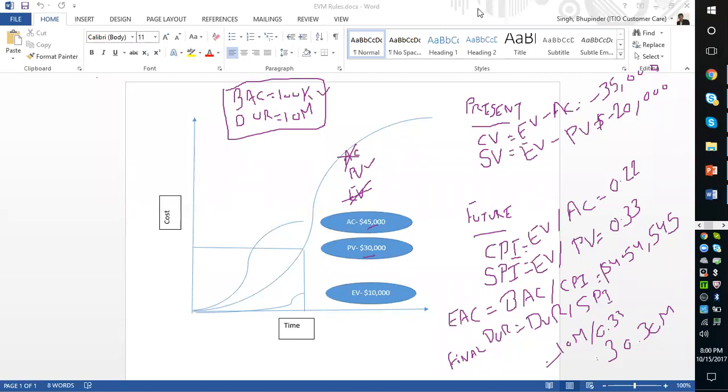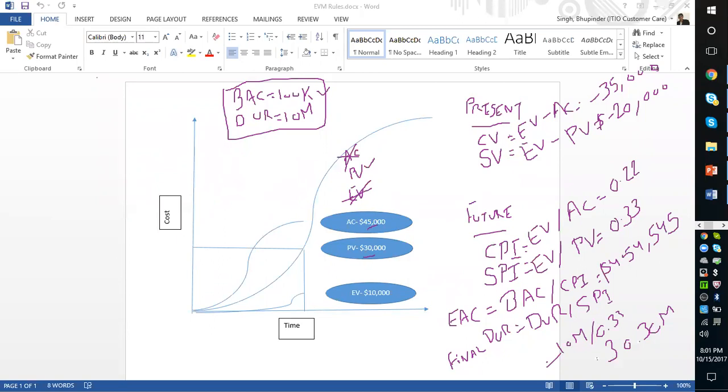We have calculated the first formulas, then we need to calculate the EAC, which was estimate at completion. Estimate at completion is BAC divided by CPI.